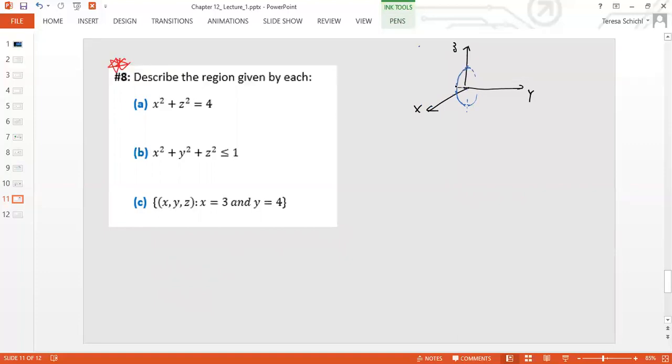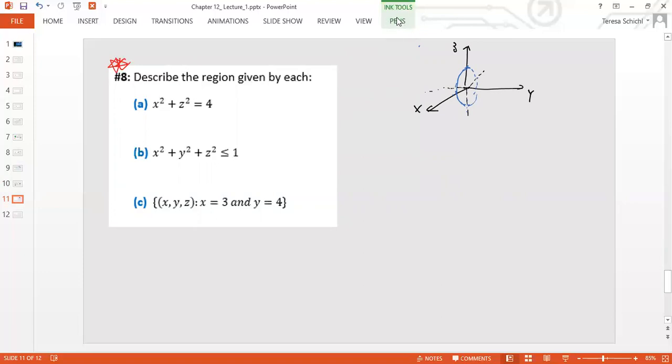Some people have a hard time with visuals. If you focus on the x and the z, it's a circle of the x and the z. So what is the y value?